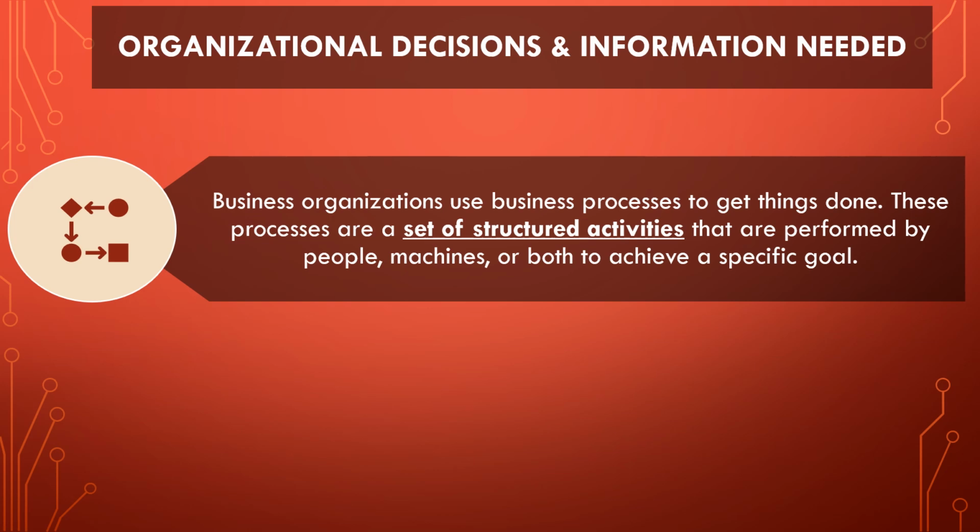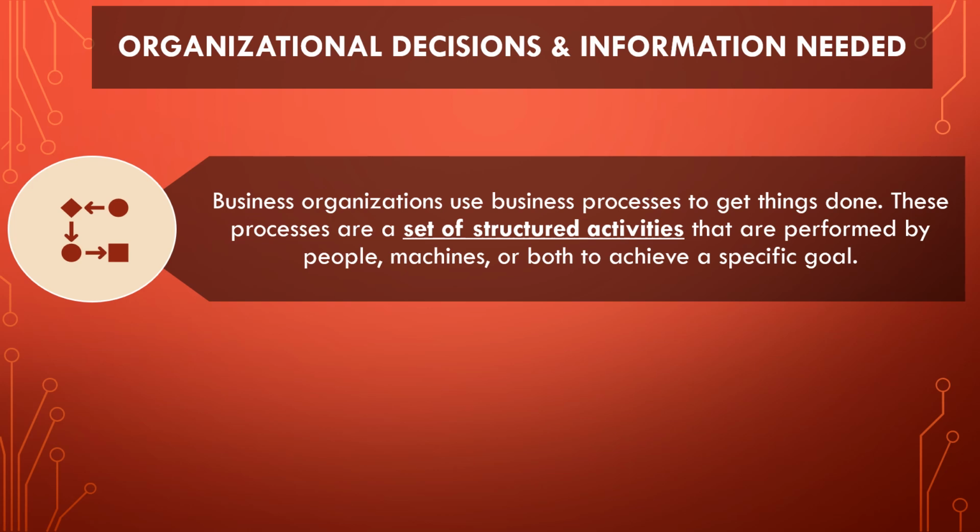Okay, so first, business organizations use business processes to get things done. These processes are a set of structured activities that are performed by people, machines, or both to achieve a specific goal. Let's say, for example, the goal is to meet the target for sales or to make a profit. To make a profit, we need to sell items.